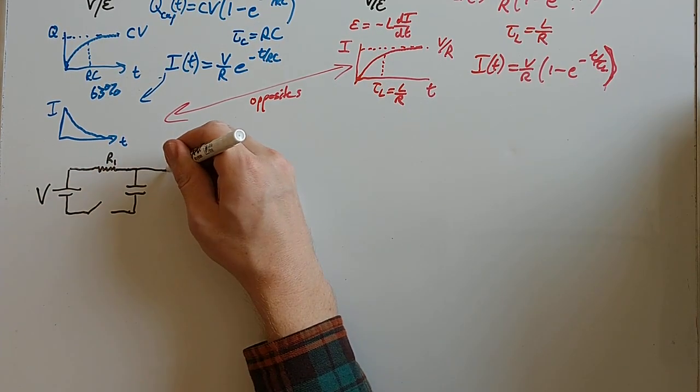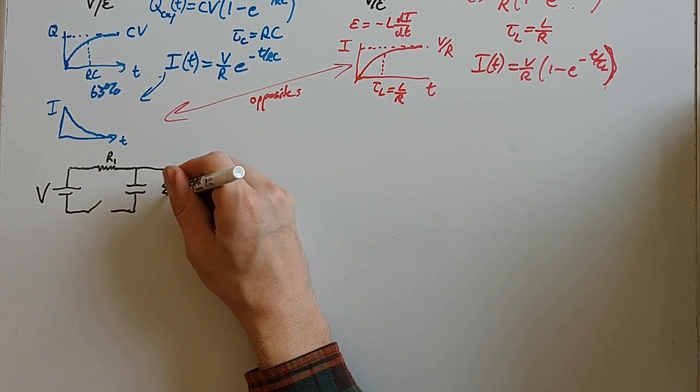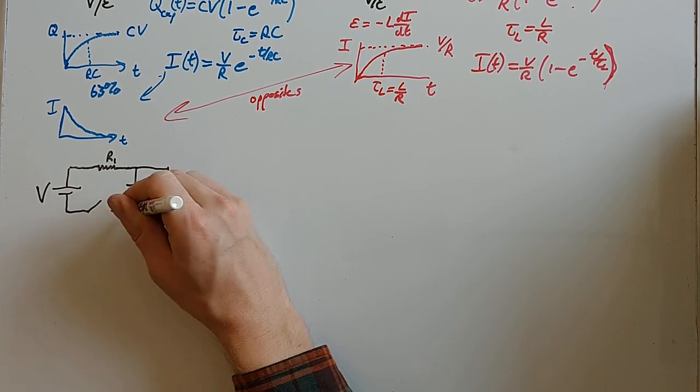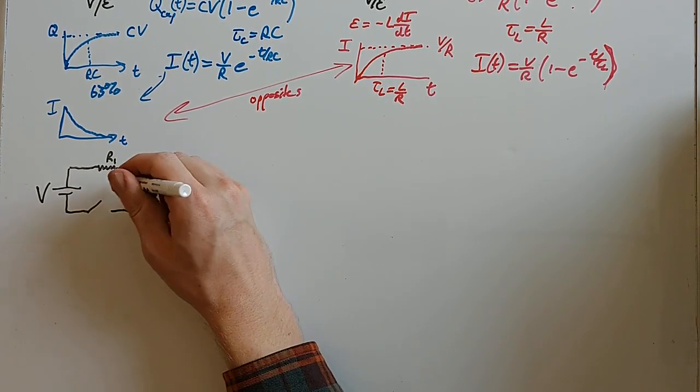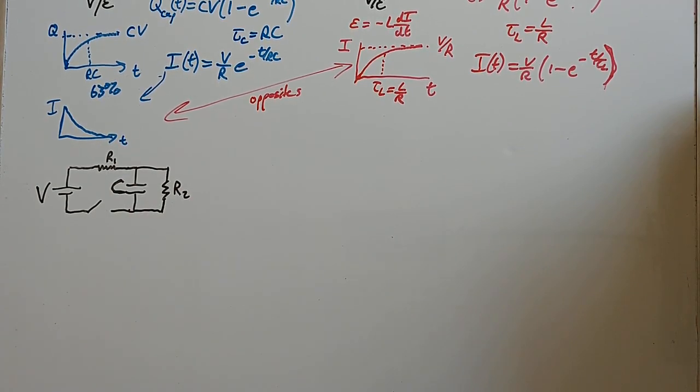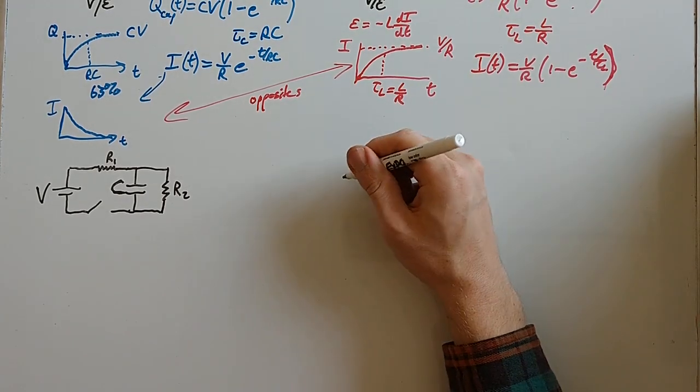But now I also want to put a resistor in parallel with that capacitor, R2. You might have seen something like this on a previous exam, and maybe you know where I'm going with it. So this is circuit number 1. It's got a capacitor in it and a couple of resistors. And now let's draw another circuit over here.